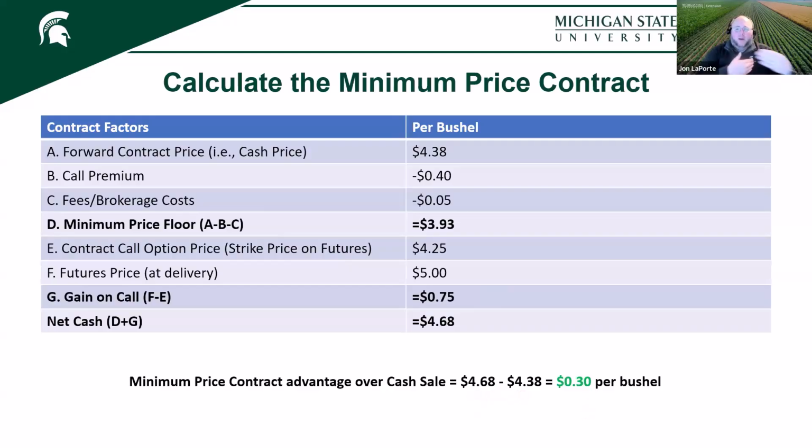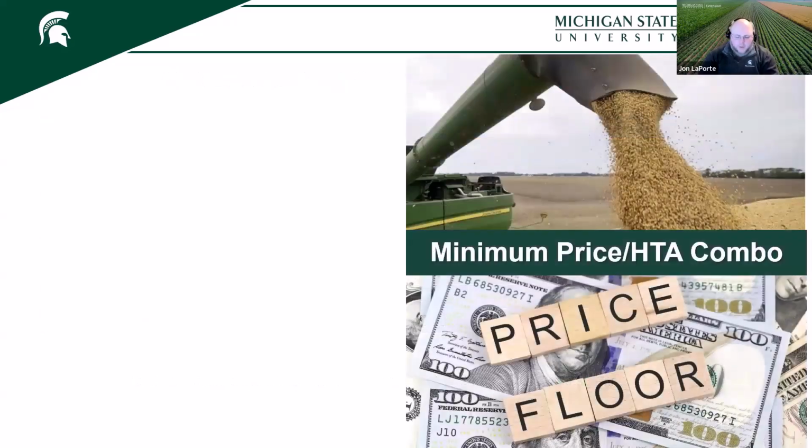And so we're hoping by using a minimum price contract, by setting a floor, offsetting some of that downward risk, we're going to be able to capture some additional benefit in the end and gain back not only what we paid in those premiums, but also above and beyond that. Maybe it's going to be 30 cents. In some cases, it may only be 5 cents, but the idea is we're trying to capture some additional value.